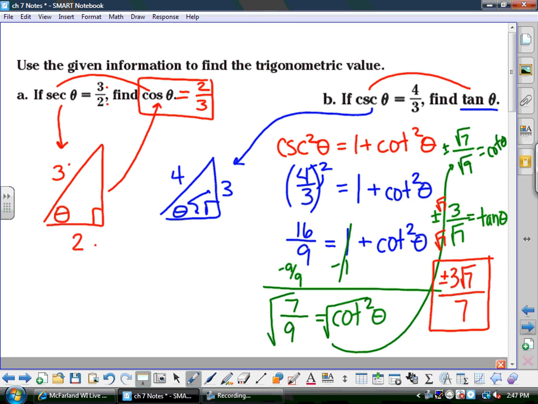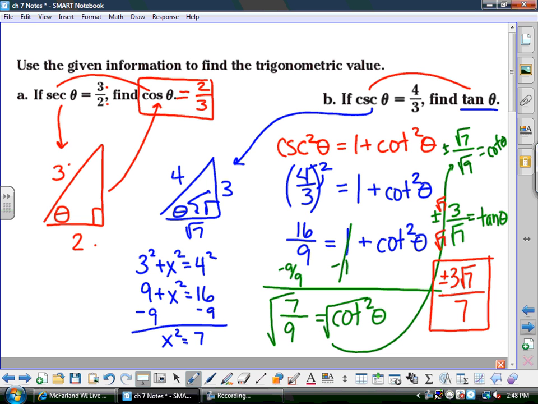So we need to find the adjacent side using the Pythagorean theorem. And we get that the tangent is 3 over the square root of 7, which is the exact same thing that we had before.